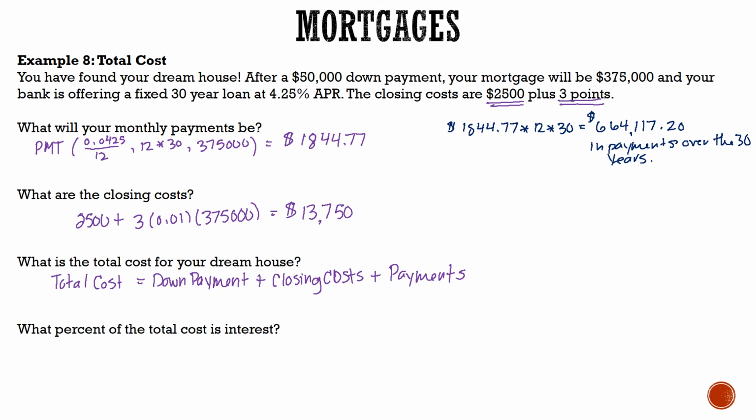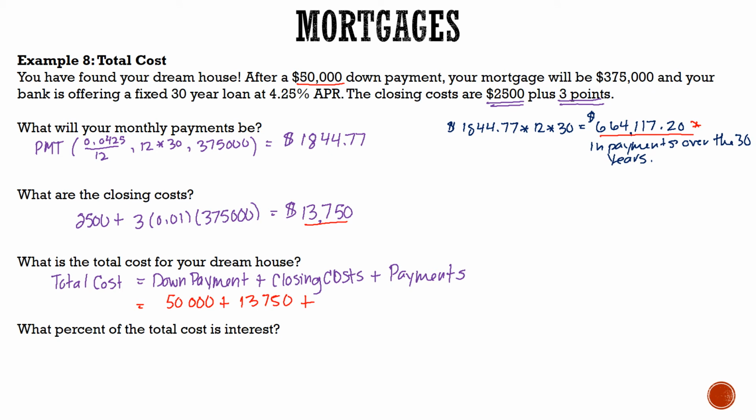So in terms of our down payment, that was $50,000. That was stated in the opening problem. Plus our closing costs. Well, we just calculated those to be $13,750. Plus the total of all our payments over the 30 years, which we had calculated over here just for this reason.